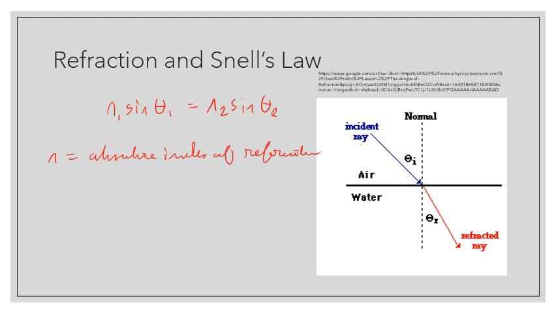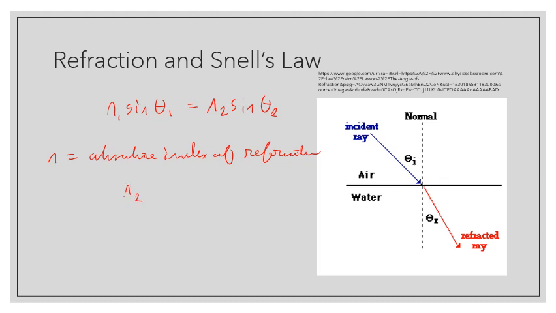So the absolute index of refraction of substance 1 times the sine of the angle that the ray is going through in this medium is equal to the absolute index of refraction of the second medium and the sine of the angle at which that ray is now refracted. There are some relations that we can make.